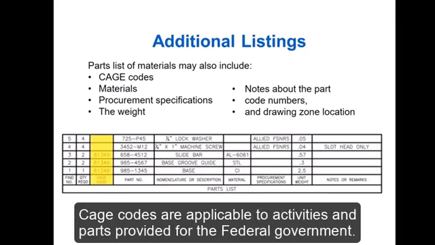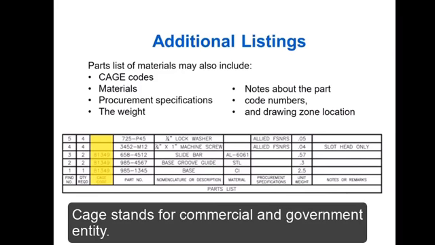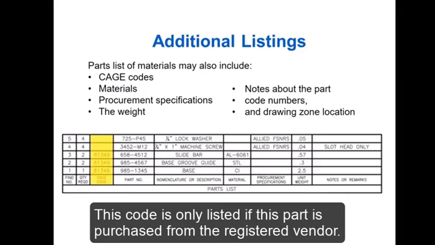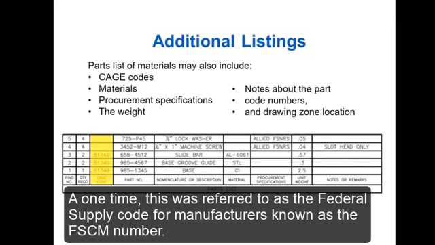Cage codes are applicable to activities and parts provided for the federal government. CAGE stands for Commercial and Government Entity. This code is only listed if the part is purchased from the registered vendor. At one time, this was referred to as the Federal Supply Code for Manufacturers, known as the FSCM number.